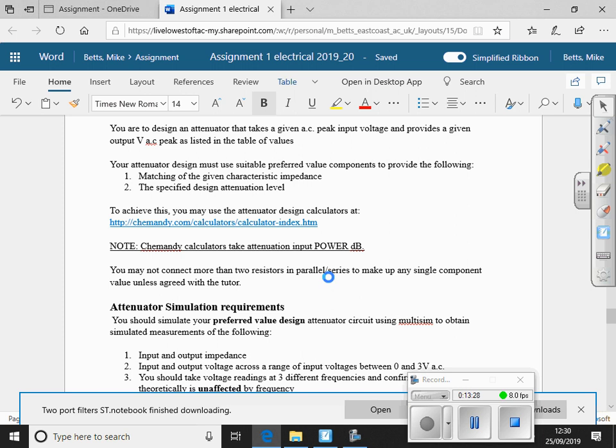Like we looked at last time, you can't get a 128 ohm resistor, for instance, but you can get 120. So you'll input the preferred values, and it will give you an indication of how much your attenuation moves from your design value and how much your input and output impedance will change from design value. We went through that last week.